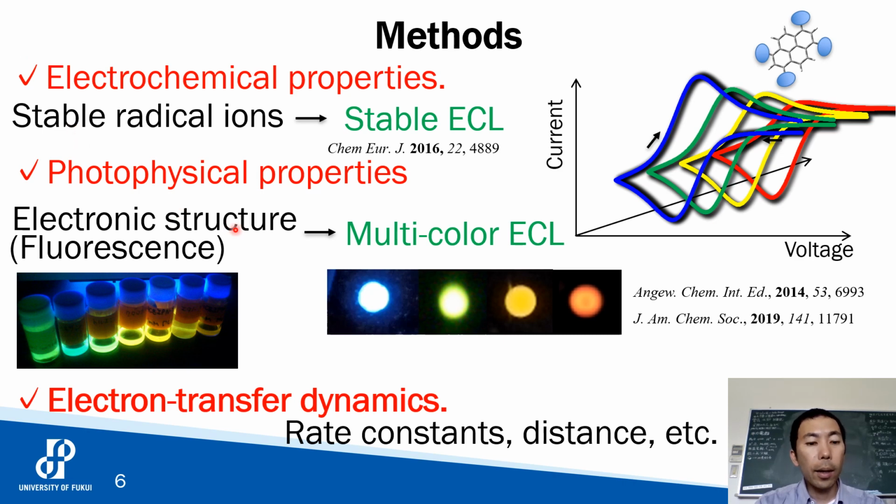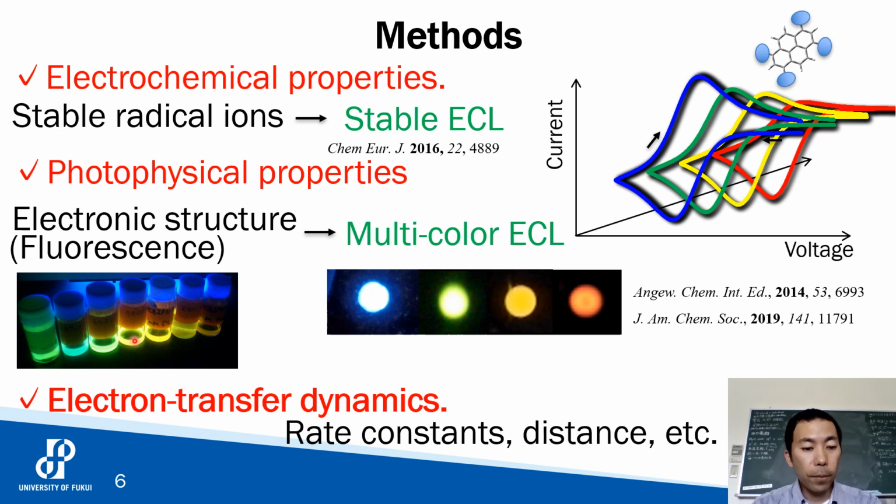For a multicolor ECL system, we employed several photoluminescence molecules. We studied the electronic structure and photophysical properties, such as the fluorescence spectra of the newly applied molecule, to understand the ECL properties.